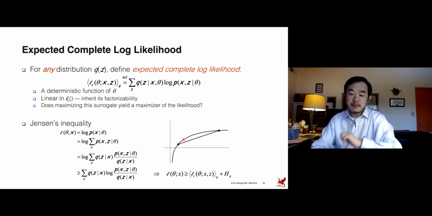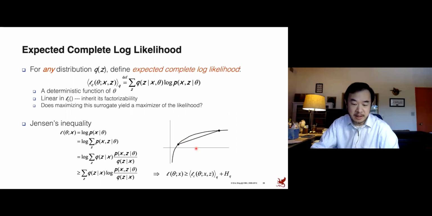And we use this proof to establish something very important. On the left-hand side, this is the logarithm of our incomplete likelihood, which is our true objective, the likelihood of the data of only X. On the right-hand side, you actually have two terms.